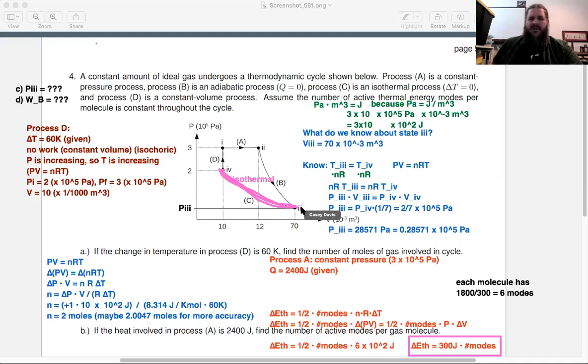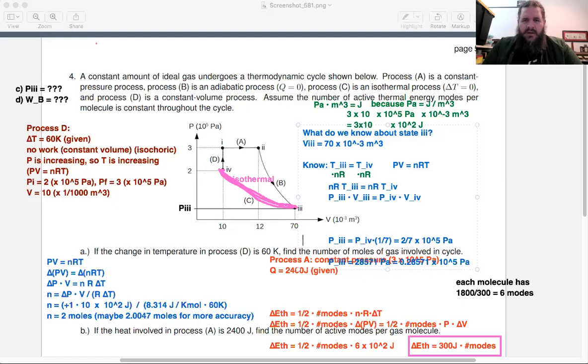Any other questions on that part? Could you just explain again where the 1/7 came from? I got a little confused. Yeah, specifically looking at, that was from the ratio of pressures. Here, for that one, we just divided both sides by volume 3. So pressure 3 equals pressure 4 times volume 4 divided by volume 3.